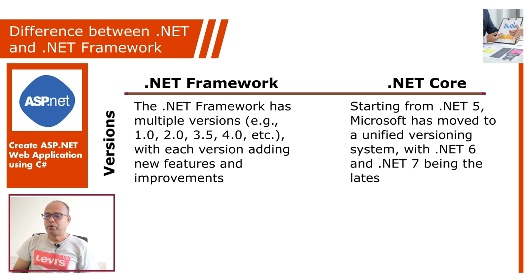But for .NET Core, starting from .NET 5, Microsoft has moved to a unified versioning system, with .NET 6 and .NET 7 being the latest versions as of now. .NET Framework: Windows only, older framework with multiple versions. .NET Core: cross-platform, modern framework that unifies the .NET ecosystem.